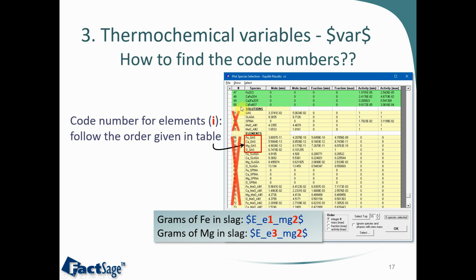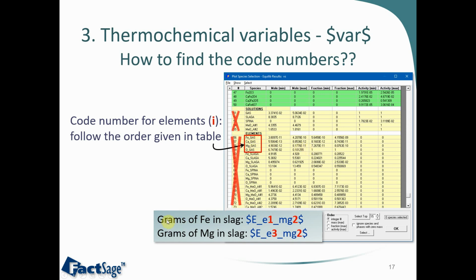Okay, so you have to be really careful here because the numbering stops at the last actual species here. So the numbers that are listed here should not be considered. These are not the code numbers. For the solutions, you have to start counting again. So 1, 2, 3, 4, 5. For the elements, you have to start counting again from 1. 1, 2, 3, 4. Okay?